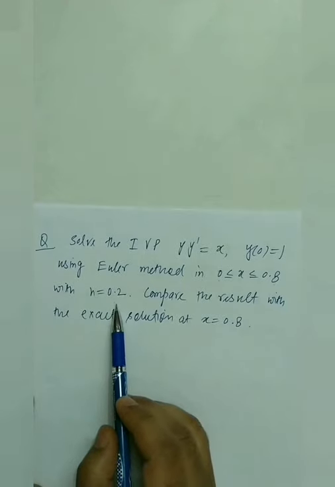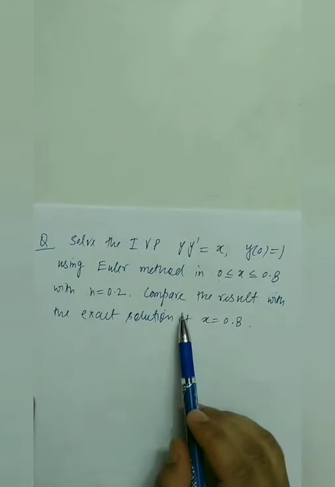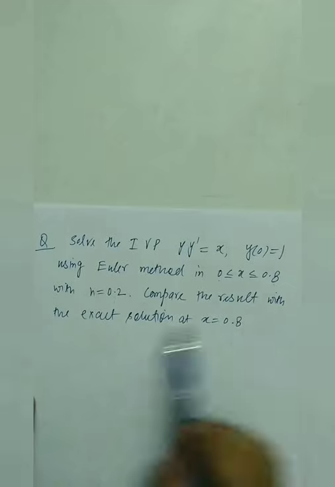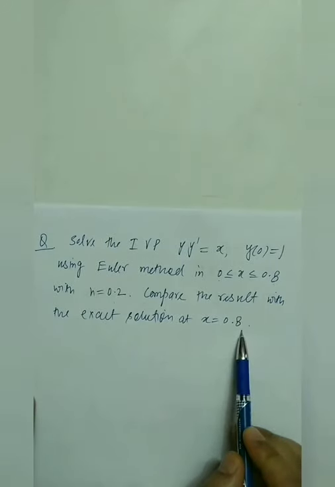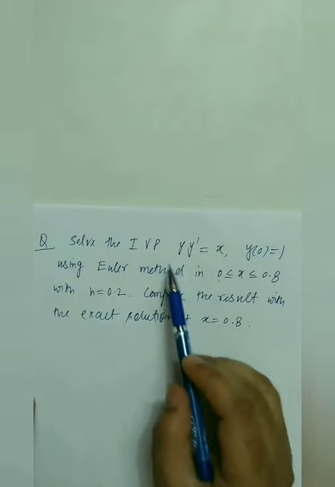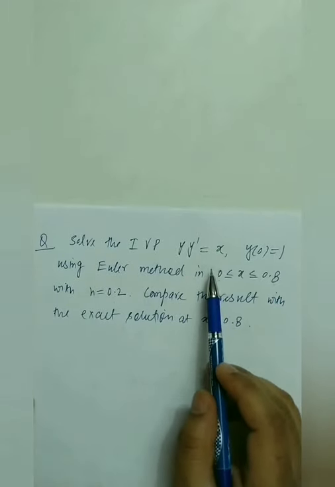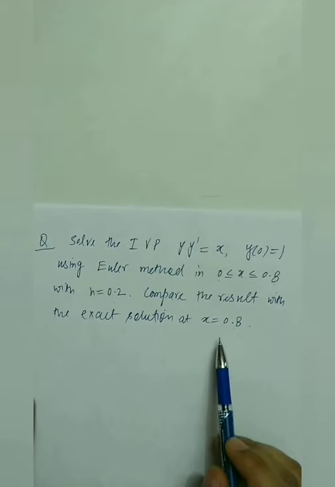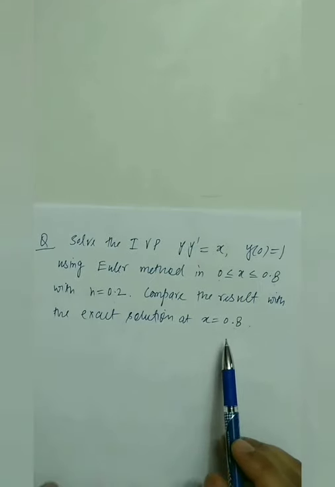That is, the length of the subinterval is 0.2. After that, compare the result with the exact solution at x equal to 0.8. Exact solution means when we solve this differential equation by analytical methods, we can find the value of y at 0.8, and we have to compare the results.